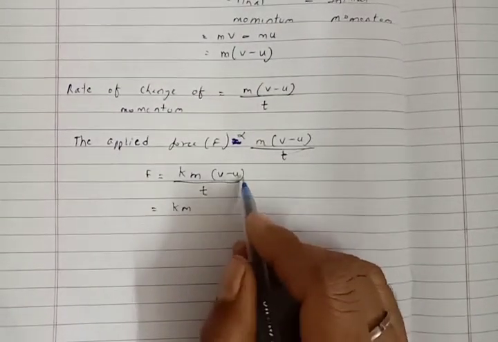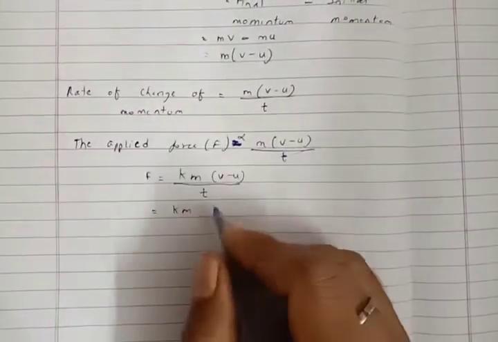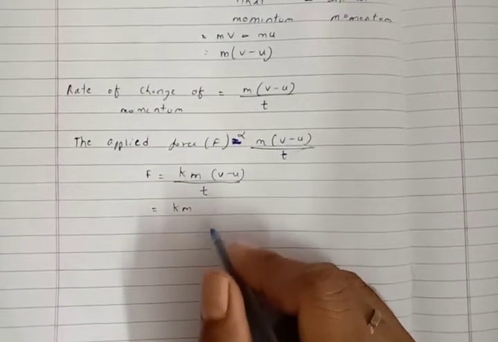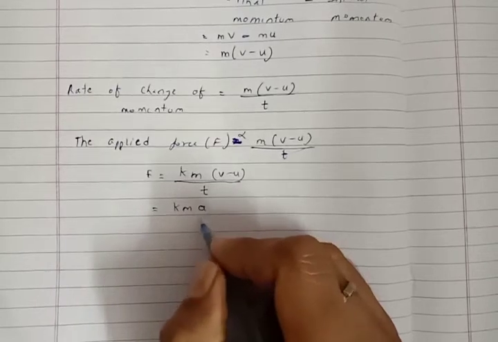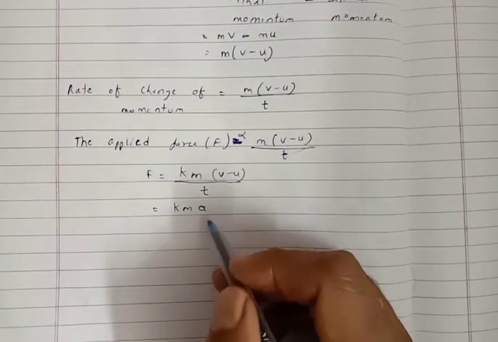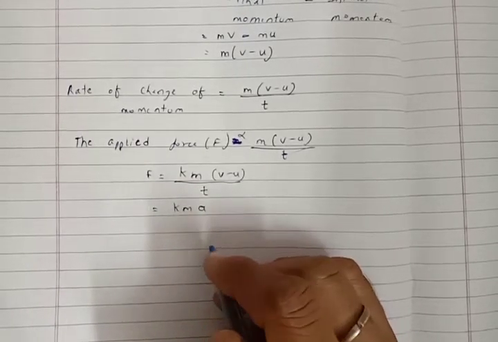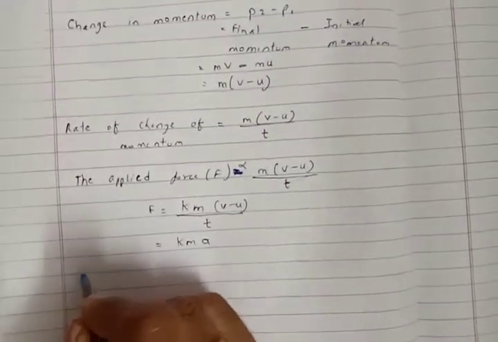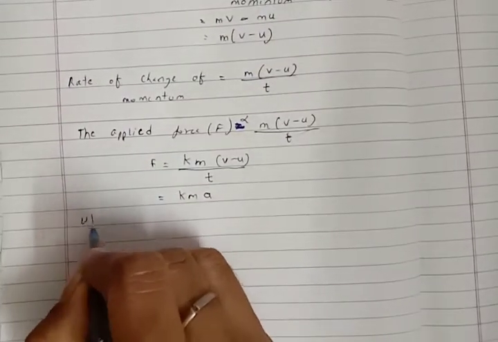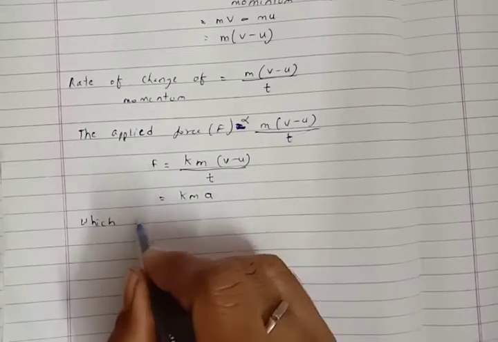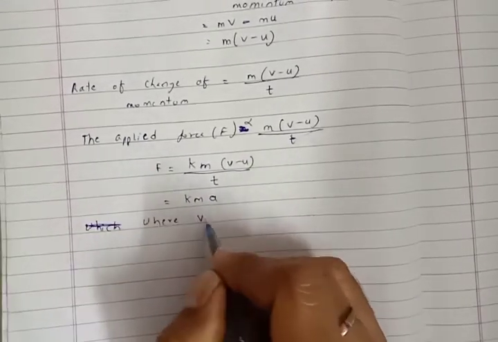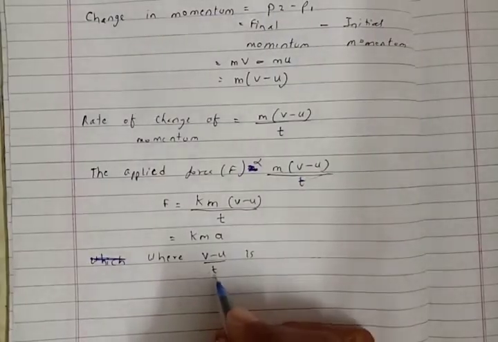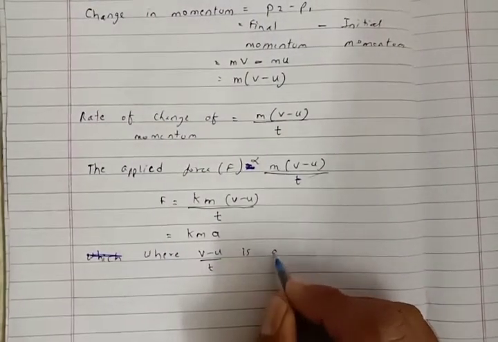Now v minus u divided by t we have solved in the earlier chapter. It is acceleration. So instead of v minus u divided by t you can write a, where v minus u divided by t is acceleration, so that it is easy for you to read it.